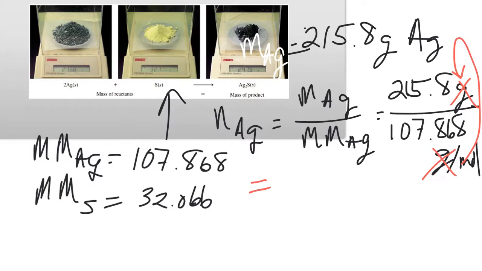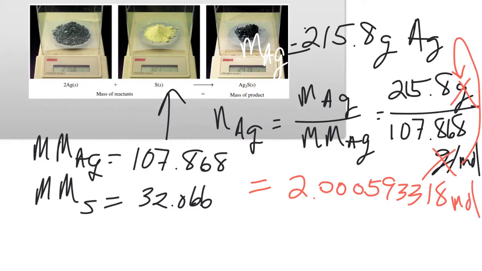The number of moles of silver equals 2.0005 93318 moles. And we need to round that to 4 significant figures because the first one is 4.